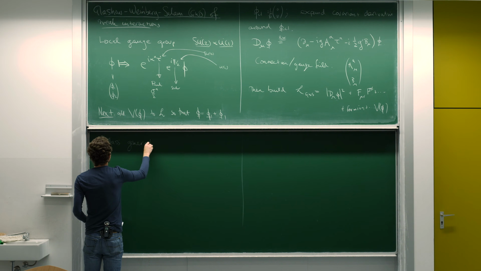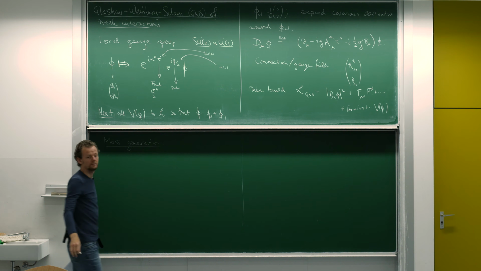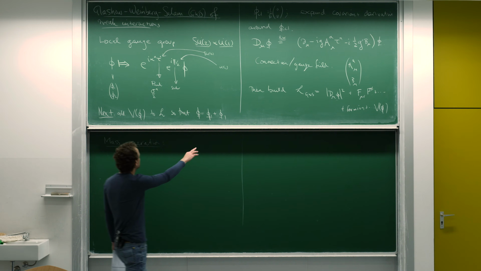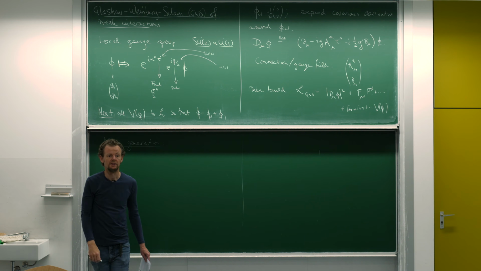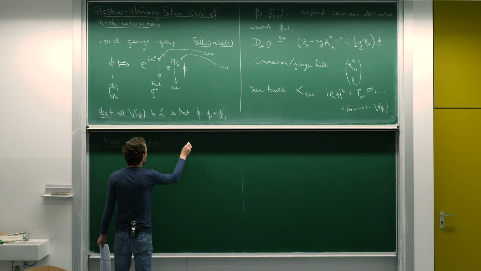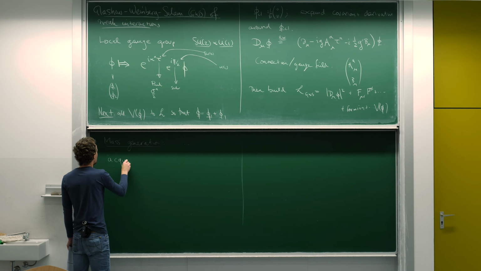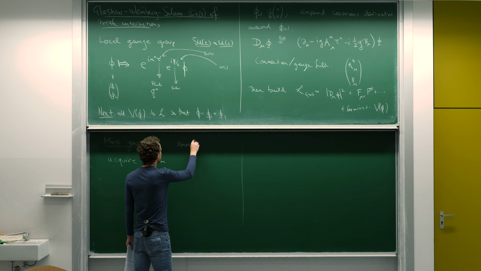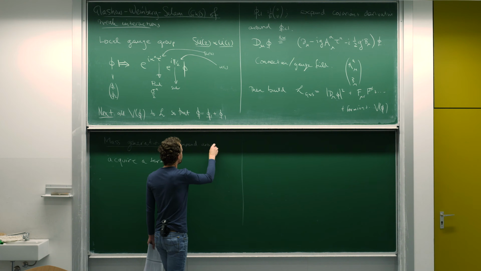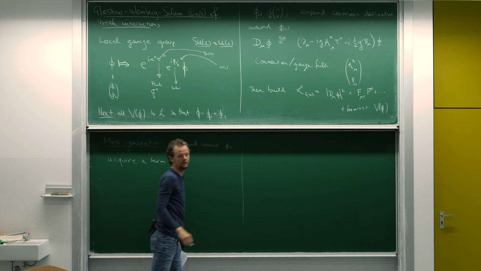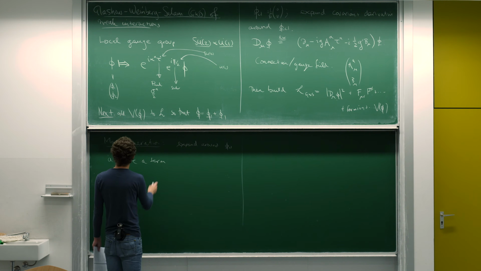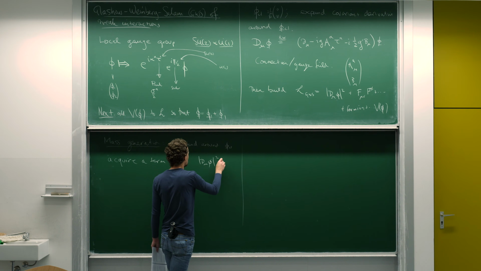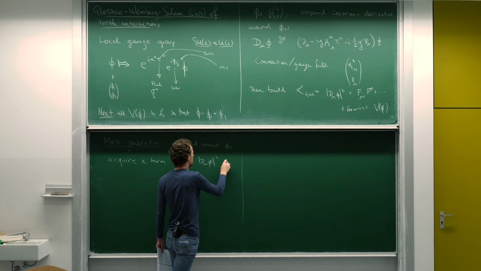So let's now look at the mass generation via this SSB, or spontaneous symmetry breaking, that occurs when this potential has this particular minima there. So you go through all the steps and you expand around phi classical, and then you require a term from the covariant derivative, this kinetic energy term.